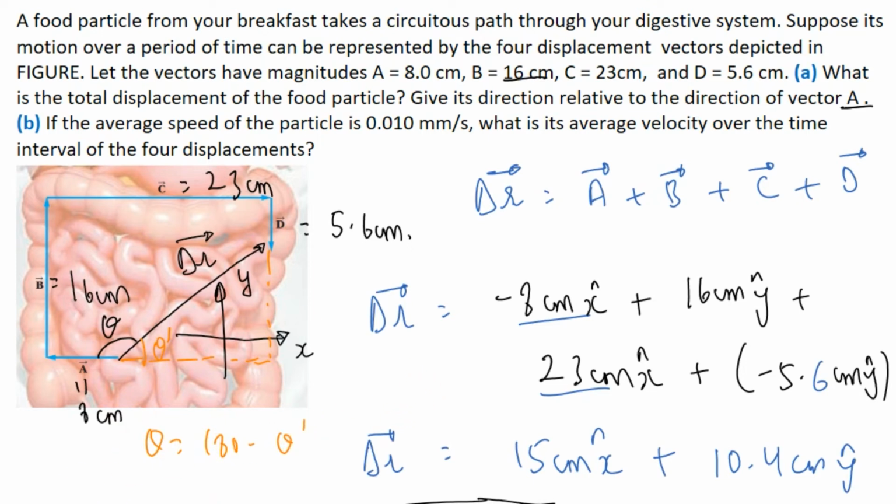Now theta dash is pretty simple. This is our delta R vector. This would be its X component and this will be its Y component, and it's a right angle triangle, so we can use the trigonometric formulas to find this angle theta dash.